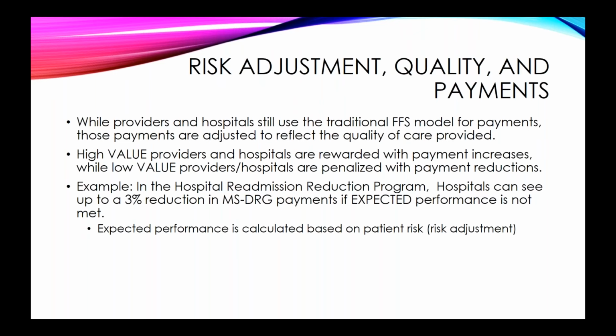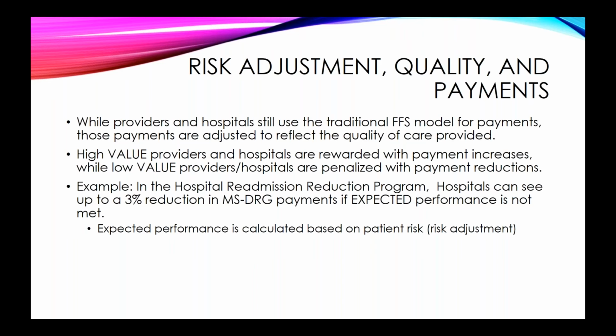So let's tie the three pieces together, risk adjustment, quality, and payments. So while providers and hospitals still use our traditional fee-for-service model for payments, those payments are what is adjusted, reflected by the quality of care that we provide. So for value-based purchasing, the patients that fall into those measures are traditional Medicare A and B patients.